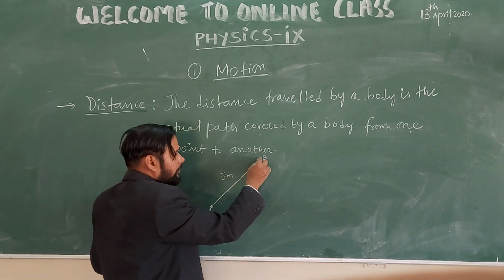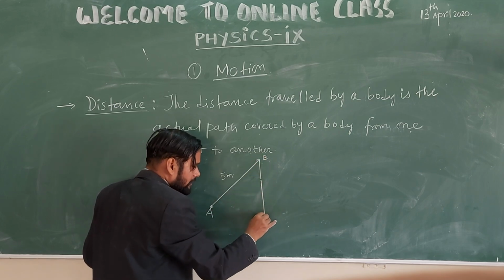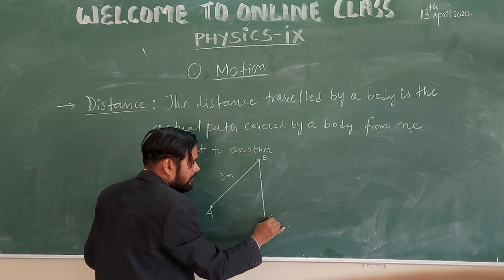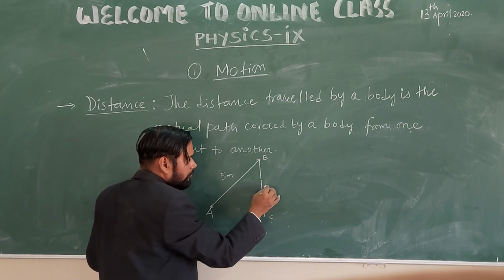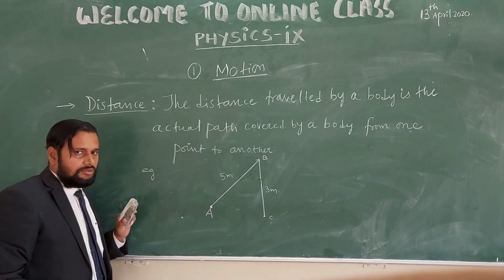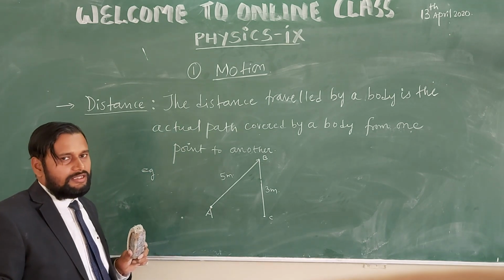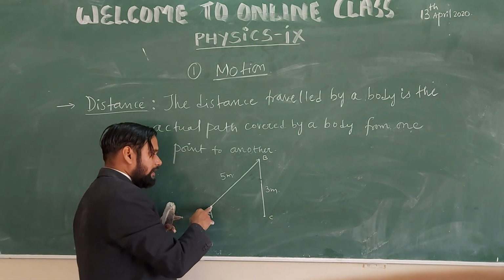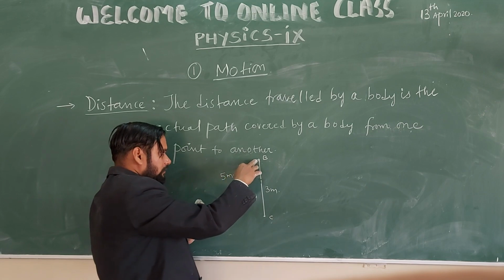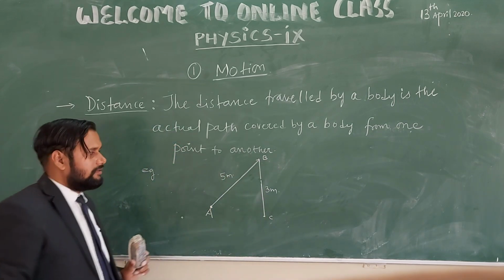Now, from point B, he changes his direction, again moves and reaches point C. And the distance from point B to point C is 3 meters. So the path traveled by the body from A to C is this 5 and this 3. That means 5 plus 3 equals 8 meters.